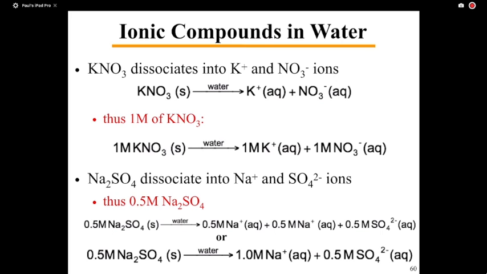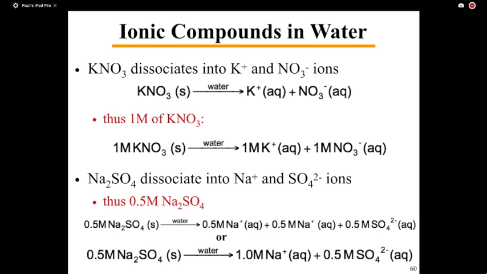If you take a look at sodium sulfate, it will dissociate into 2 ions. But if you put in 1/2 a molar sodium sulfate, what you get is broken into 3 pieces. You will get 1/2 a molar of sodium plus 1/2 a molar of sodium plus 1/2 a molar of sulfate 2 minus.